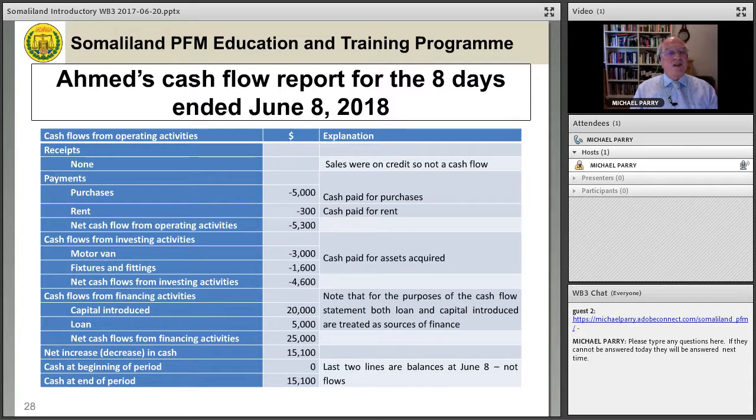It's obviously been designed particularly for organizations in the public sector, but we could apply it also to Ahmed. There are no receipts. That's counterintuitive, because you'll say, well, surely there were sales. There were, but they were on credit. So within this period, you haven't received any money, any cash for sales. So as far as the cash flow statement goes, there were no sales.